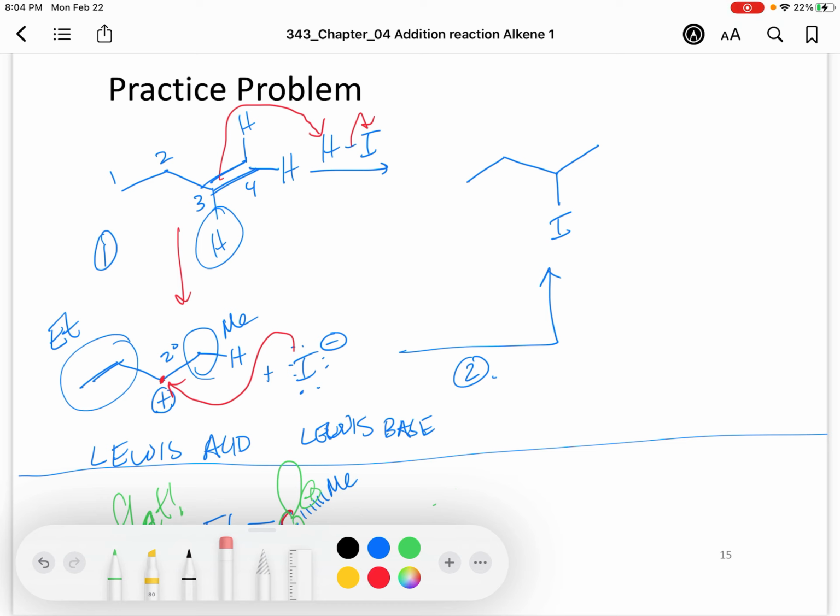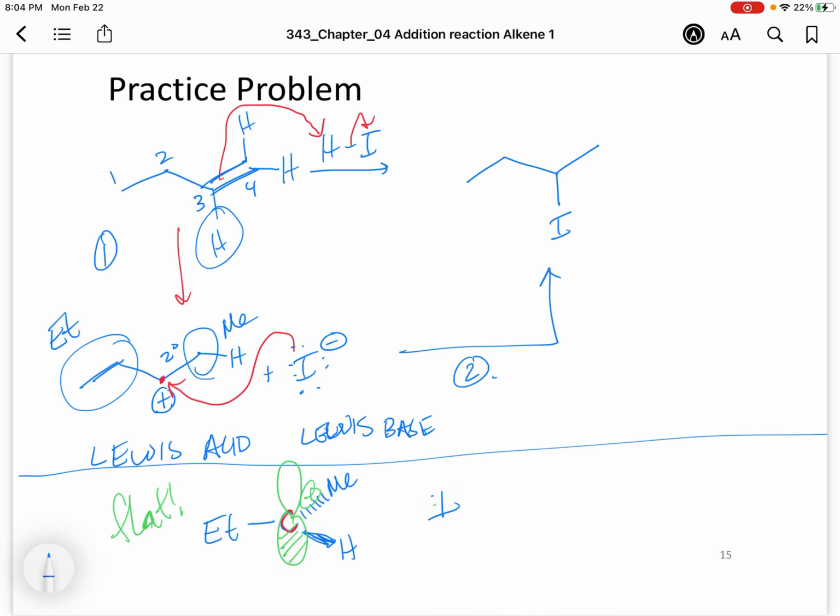When I take iodine, this I minus, I can attack from either the top or the bottom.